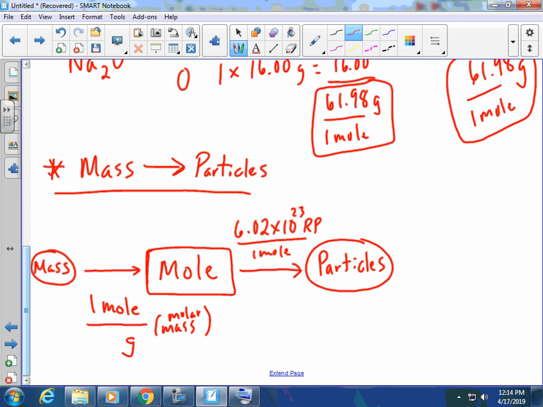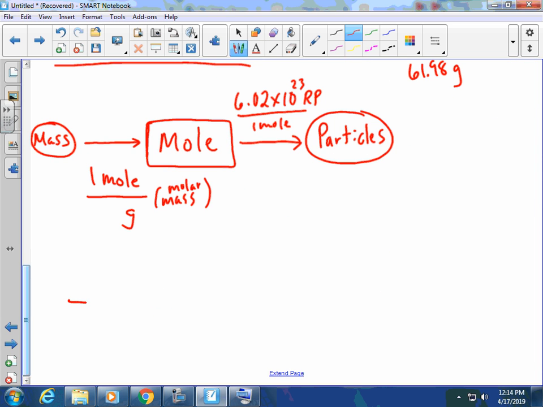All right, inverted. So instead of saying grams per mole, we're going to say 1 mole over the grams. Just like this up here. All I'm doing, like if I was using this, I would just say instead 1 mole per 61.98 grams. All right? But we're still going to set up those equations the same way we did before.